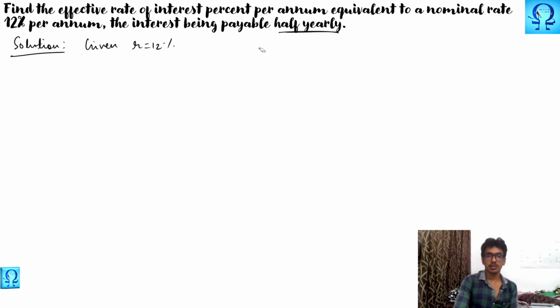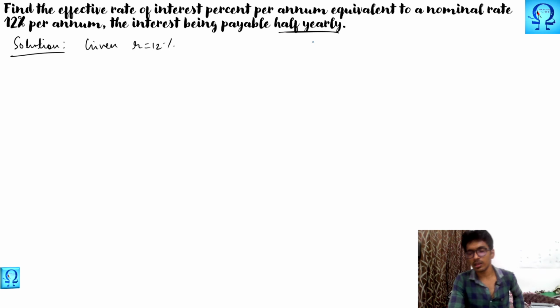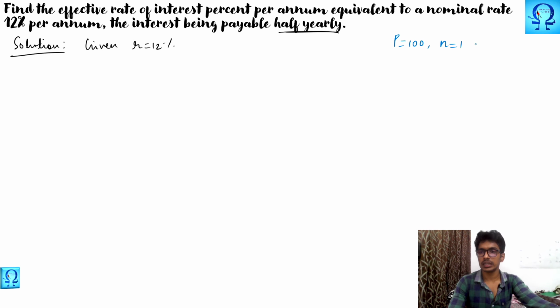Suppose let me put this way. As of now, forget about this being calculated half yearly, quarterly. Forget about these things. If for a principal of 100 rupees and for 1 year, you are calculating the interest at 12%, what are you going to get?